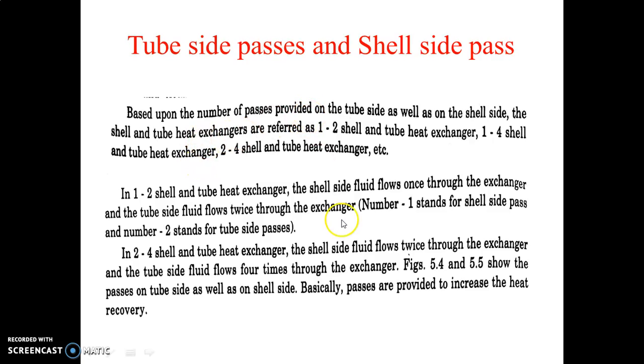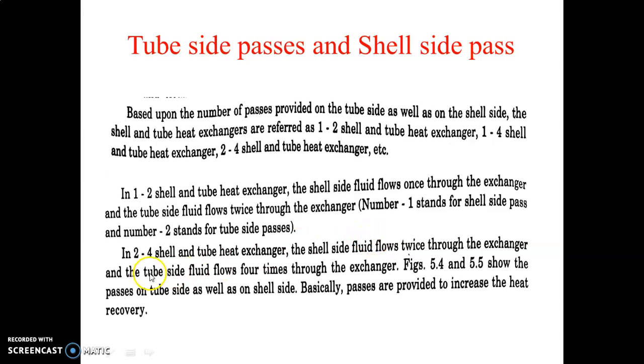Suppose I am giving the name of the heat exchanger as 1-2 shell and tube heat exchanger. What is the meaning of this? The shell side fluid flows once through the heat exchanger and the tube side fluid flows twice through the heat exchanger. Then it is called a 1-2 shell and tube heat exchanger. So always note that the first number stands for shell side passes and the second number stands for tube side passes.